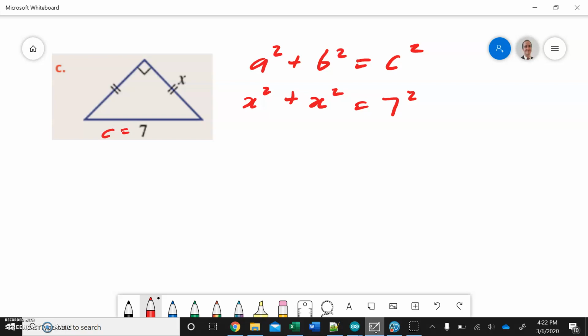Well, there's one lot of x squared, and there's another lot of x squared. So we're going to have 2x squared equals, and now what does 7 squared equal? Well, that equals 49.